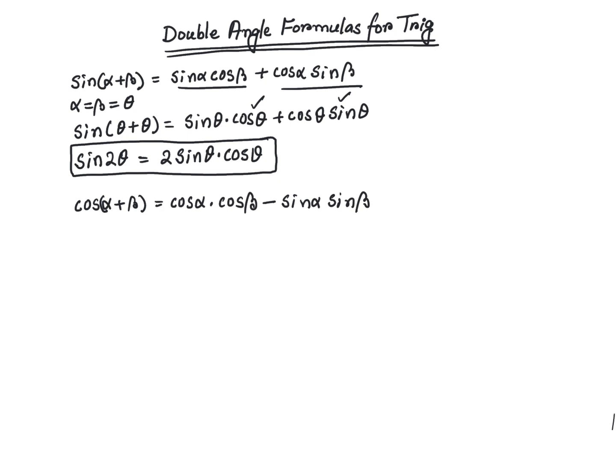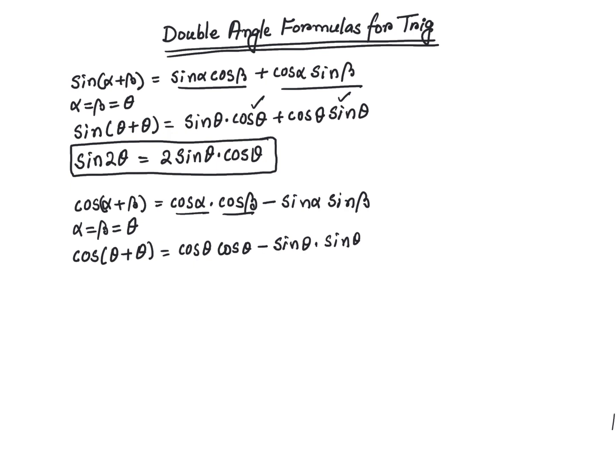Now, like the first example, if we assume alpha and beta are the same value, let's say equal to theta, then I'm going to have on the left hand side cosine of alpha plus beta, which is cosine of theta plus theta, equal to cosine of theta times cosine of theta, right? Because cosine of beta is theta, cosine of alpha is theta, minus sine of theta times sine of theta.